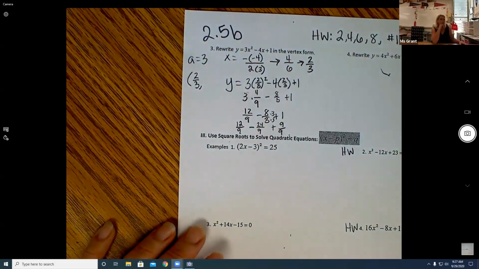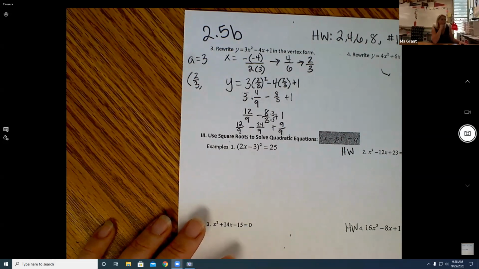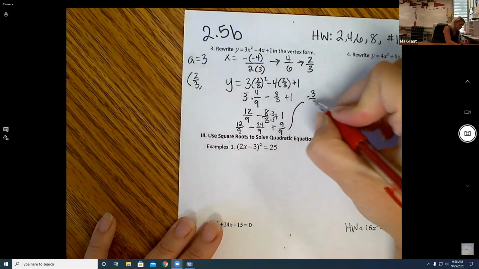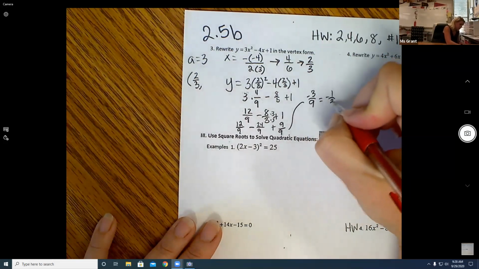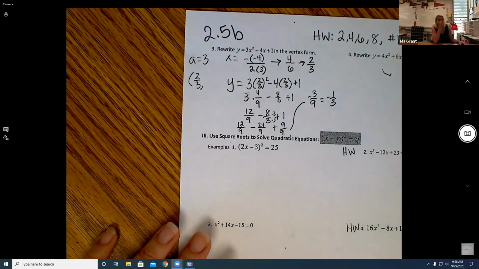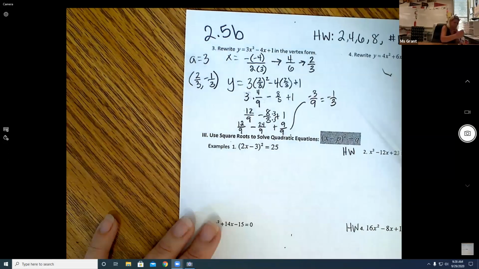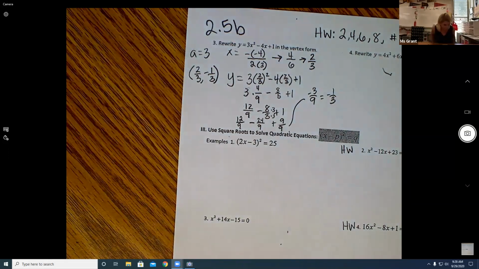Okay, so 12 minus 24 plus 9, negative 12 plus 9, right? Negative 3/9. Yeah. Negative 1/3. Fraction work, guys. Negative 1/3. Okay.